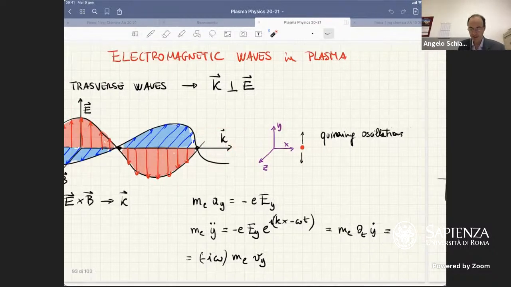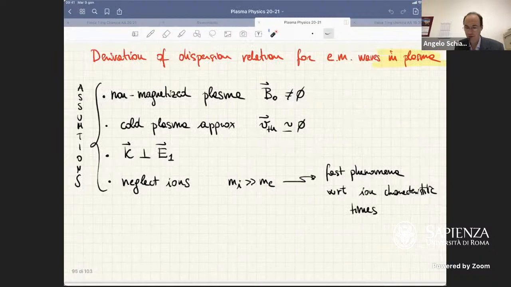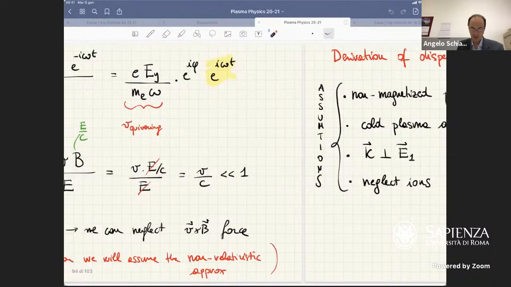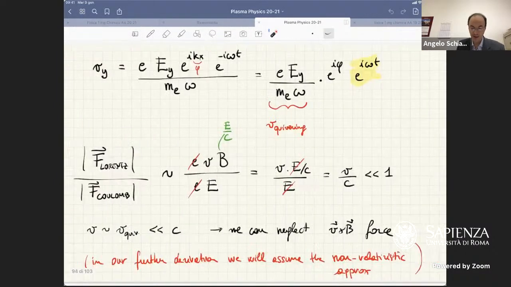So we studied the fact that in vacuum, electrons are oscillating in the field of the wave, mainly responding to the presence of the electric field. And we can neglect the magnetic field if we are dealing with a condition where the quivering velocity of the electron is small compared to the speed of light.